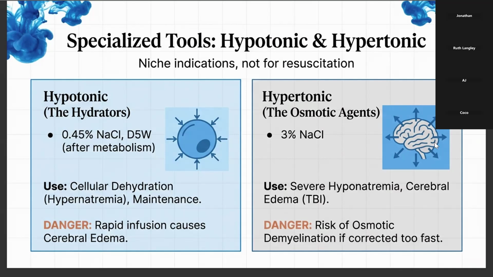So you're trying to reduce the amount of pressure on the brain. Again, you have to be careful. This is why when we correct people's sodium levels, we do it carefully, especially the hyponatremic patient. You have to correct it really carefully because you risk something called osmotic demyelination. So you're going to be stripping the nerve cells of their coating, which helps them function, if you correct it too fast.